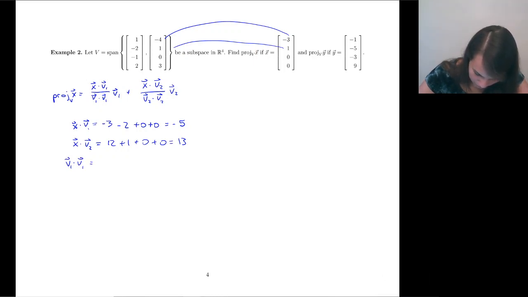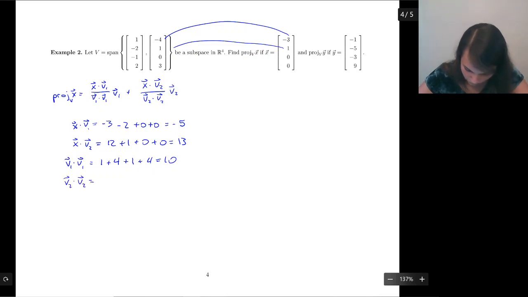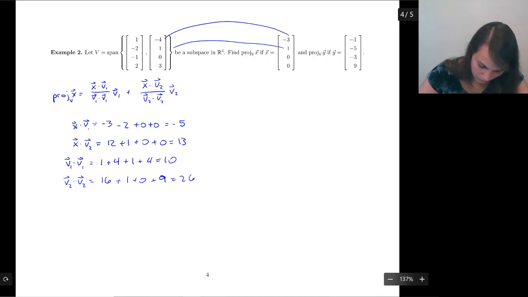So that's going to be 1 squared, -2 squared, -1 squared, 2 squared. That's 10. V2 dot V2, that's going to be 16 from -4 squared, plus 1 squared, plus 0 squared, plus 3 squared. That's a 26.